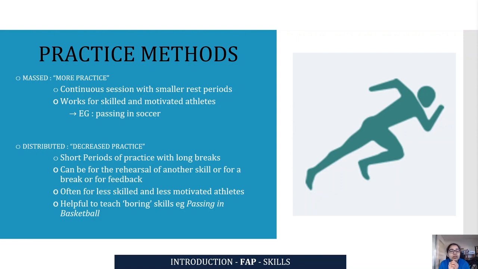And this is often done for less skilled and less motivated athletes. This is usually in the cognitive stage where you're just learning the skill. So you would get demotivated quite quickly if you don't get it. So this is where we're doing different things and switching it up each time.